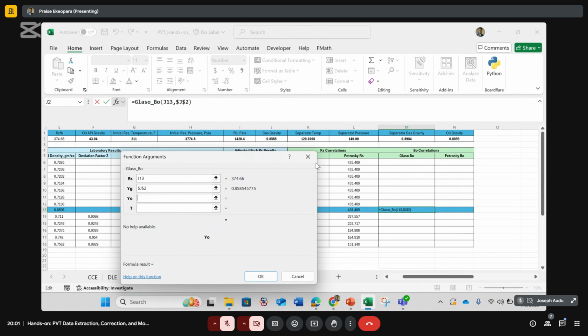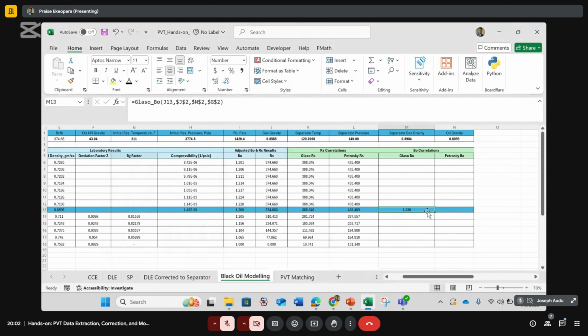Then our oil gravity, I still lock it up. Then our temperature, I lock it up. So this is what I'm going to use and drag down.